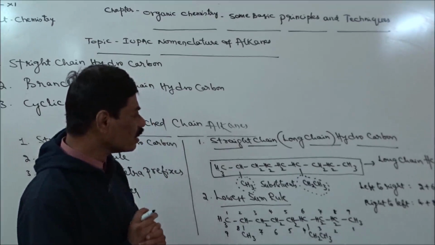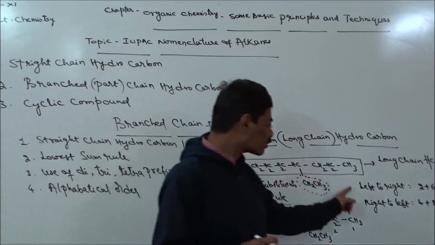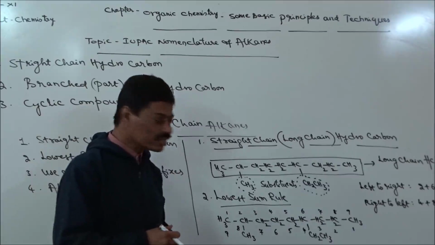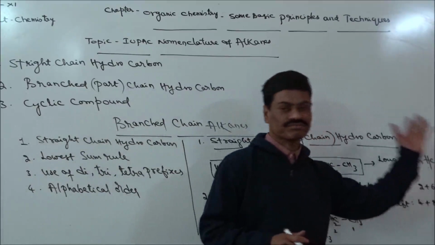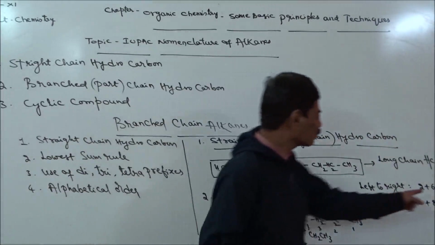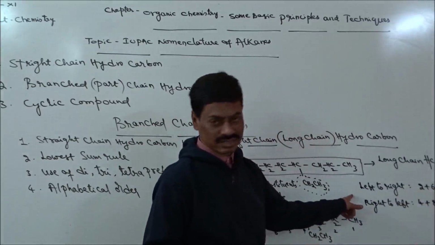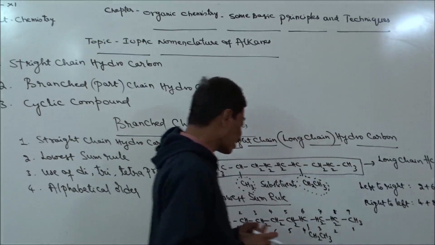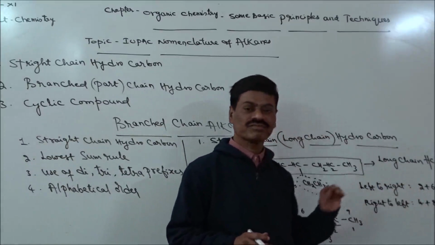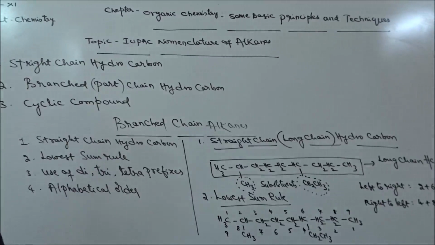Here we have calculated the sum of positions of the substituents left to right, which is equal to 8, and right to left, that is equal to 12. Since 8 is less than 12, giving numbers from left to right is correct. So that's about the lowest sum rule.